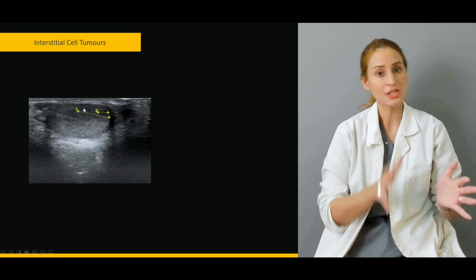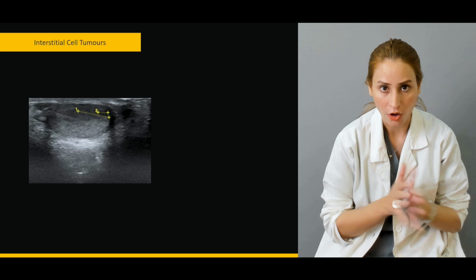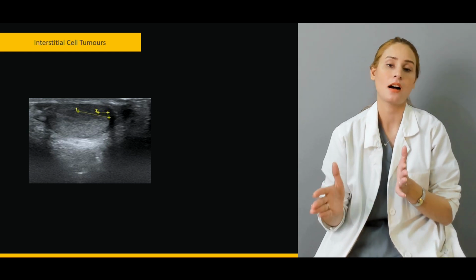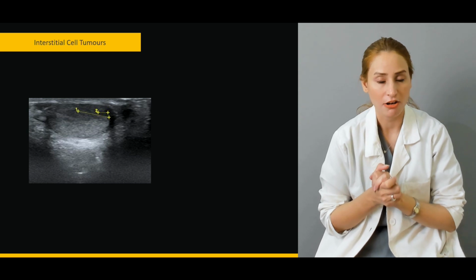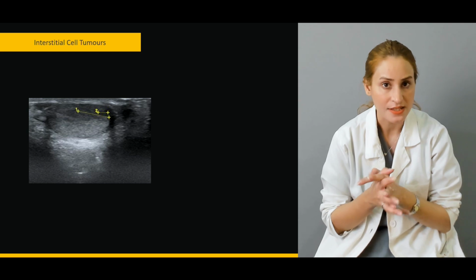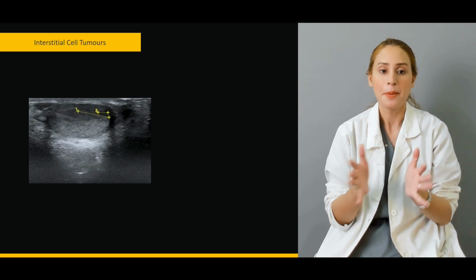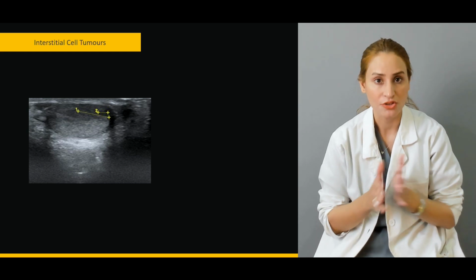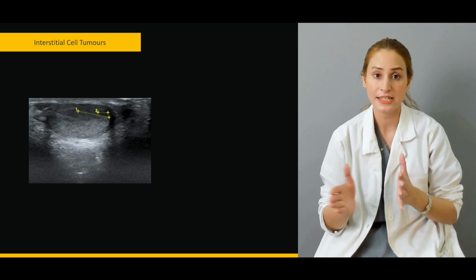So mixed germ cell tumors are a combination of the teratoma, embryonal cell carcinoma or the yolk cell carcinoma. Although they're rare, their prognosis is not very good and they're very aggressive. But if we talk about the interstitial cell tumors, they're the tumors which are derived from the Leydig cells or the Sertoli cells.